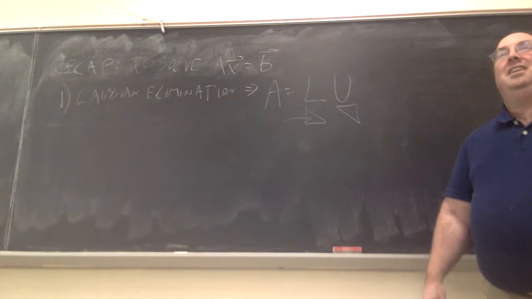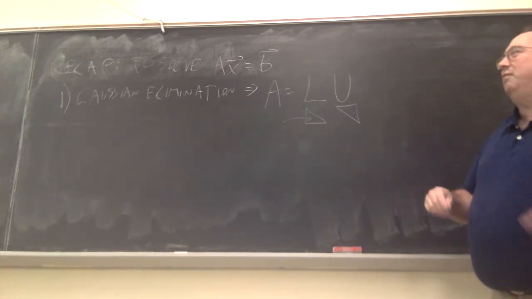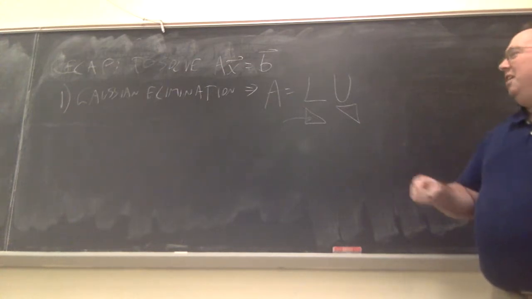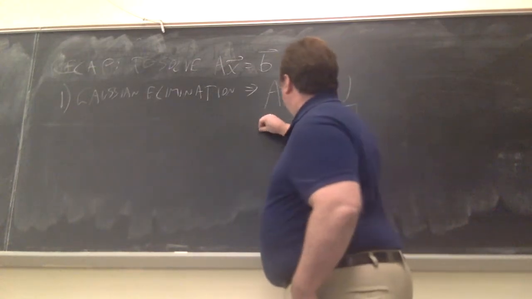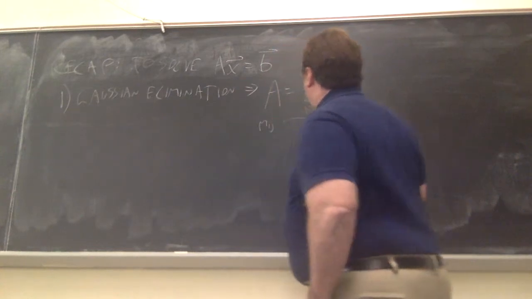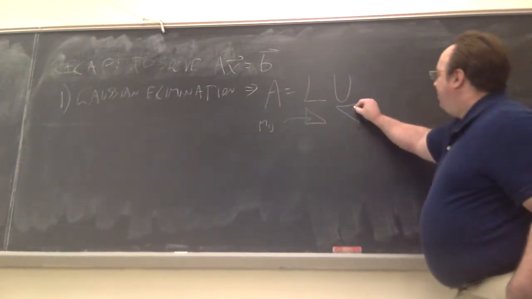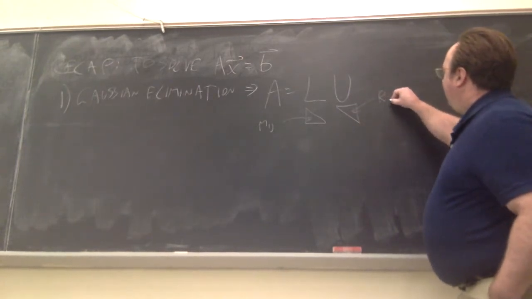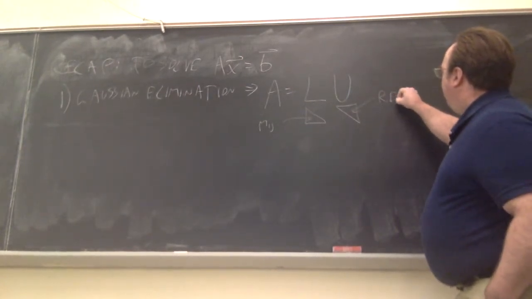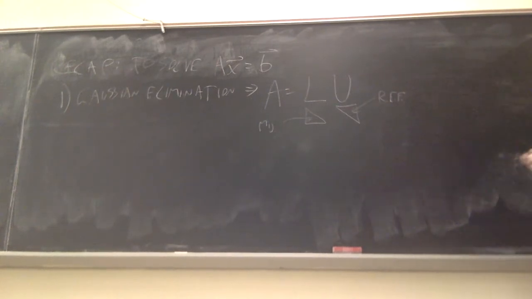Well, the L, that's the inverse of the multipliers. Yeah, so the matrix is used to do row operations, but L itself actually contains the multipliers m_ij, so we basically have a record of row operations. And then the matrix U is your row echelon form. In other words, it's a result of Gaussian elimination. So you do the reducing to get it to upper triangular form, and there it is.